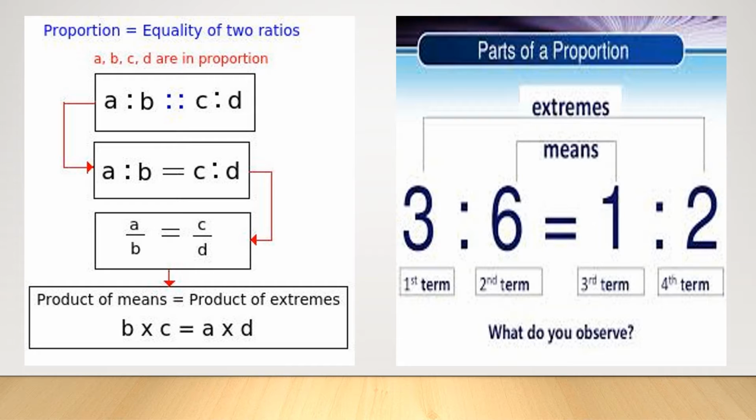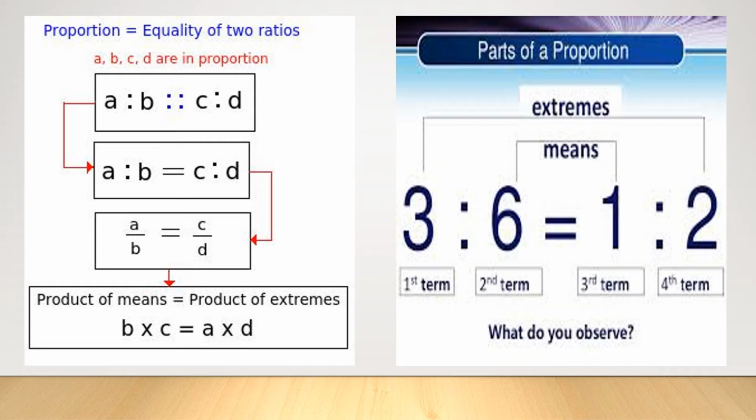What are the means? The middle terms B and C. So B into C will be equal to the product of extremes, A and D. So A into D.